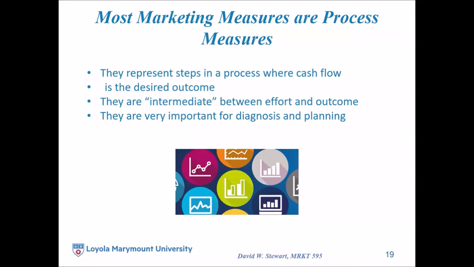Most marketing measures that we use really are process measures, and this is why marketing is often a bit criticized, because we need lots of process measures to understand how our marketing is operating. A lot of our marketing is not intended to immediately cause people to jump out of their chair and go buy a product. It just doesn't work that way.